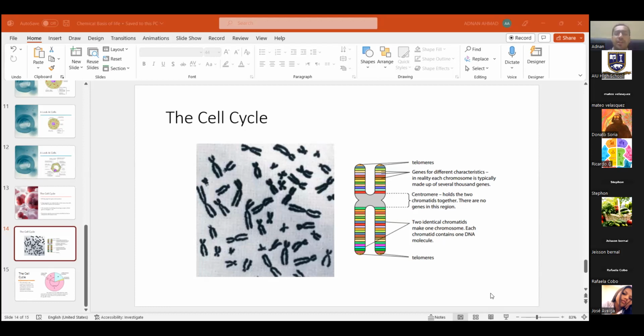Have you guys heard of hemoglobin before? Do you know what hemoglobin is? Okay, so hemoglobin is an example of a protein that is in our blood.